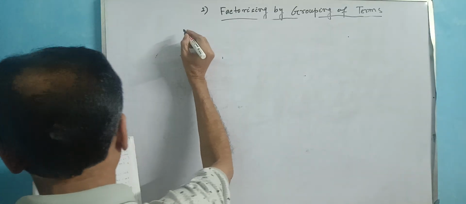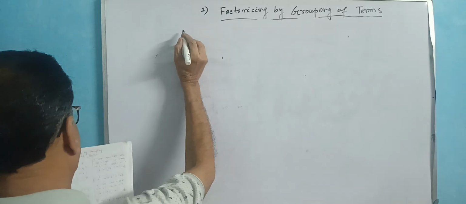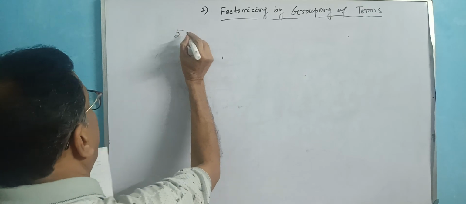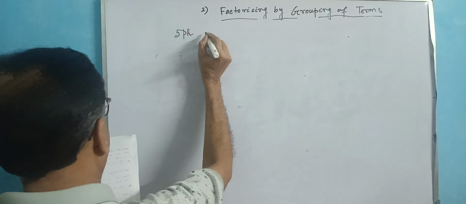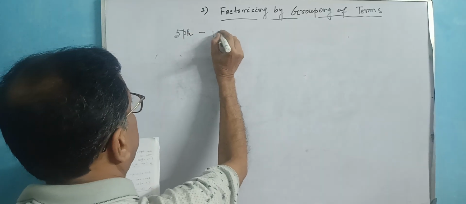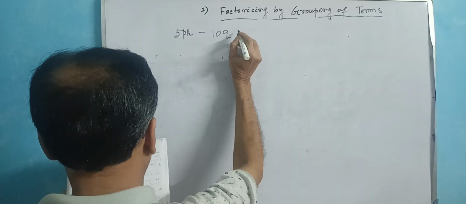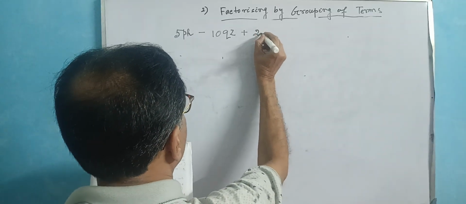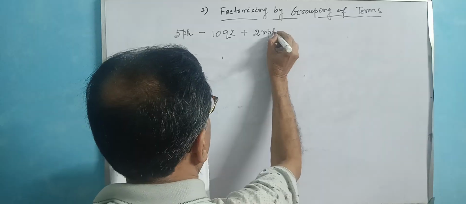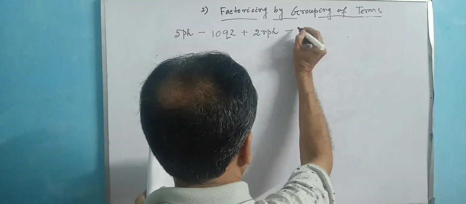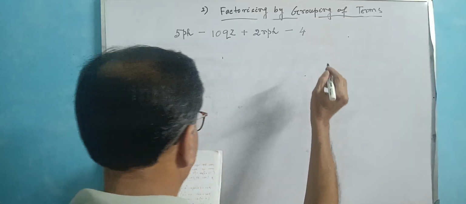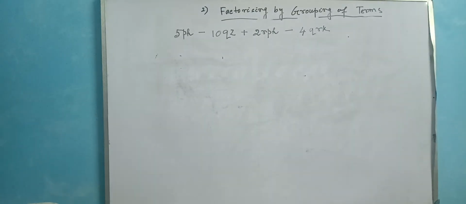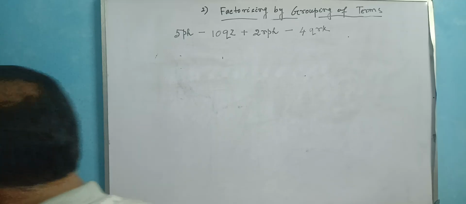Suppose here is 5pH minus 10QZ plus 2RPH and minus 4QRK. Now I exchange the question.